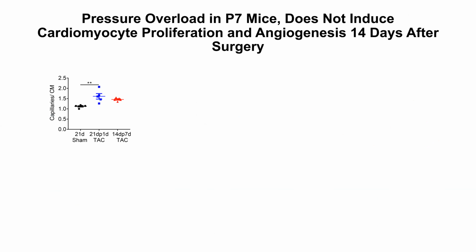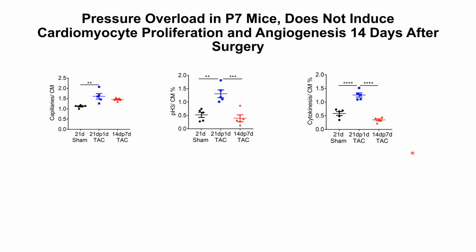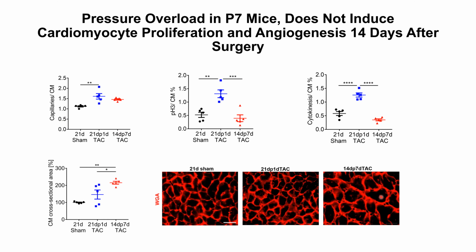Further analysis and immunostaining showed the same pattern: we have increased capillary density only in the regenerative phase, but they could not increase angiogenesis, and cardiomyocyte proliferation is still higher when pressure overload is induced in day 1 mice. But again, the cardiomyocytes hypertrophied in the non-regenerative phase, like what we see in adult mice.